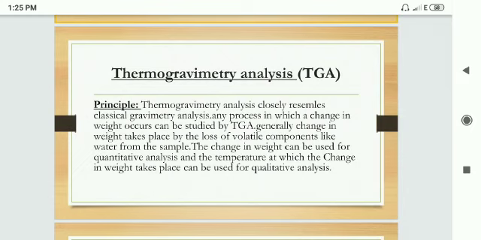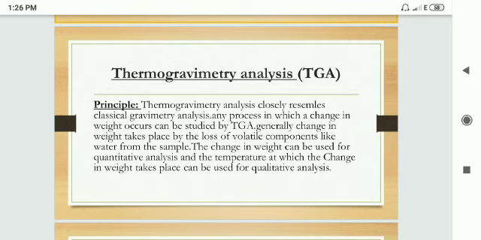Thermogravimetry analysis closely resembles classical gravimetry analysis. Any process in which a change in weight occurs can be studied by thermogravimetry analysis. The weight of the substance under study is recorded as a function of time or temperature; this is the basis of thermogravimetry analysis.